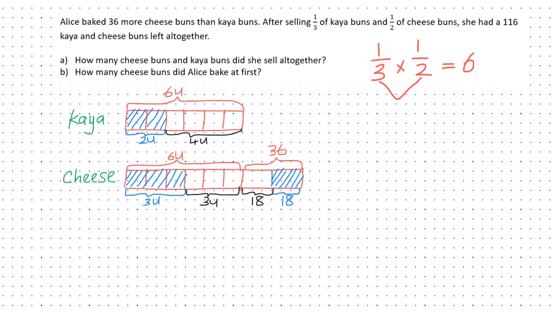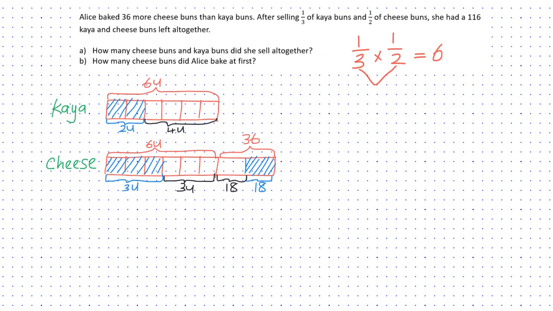In the question we are given the total number of kaya and cheese buns which are left, which is 116. So 116 is the value of the portions marked in black, which is 4 units of kaya and 3 units of cheese buns plus this 18 here. So I'm going to come up with an equation where 4 units of kaya buns plus 3 units of cheese buns plus another 18 is equal to 116.